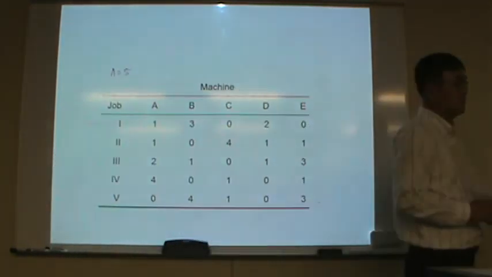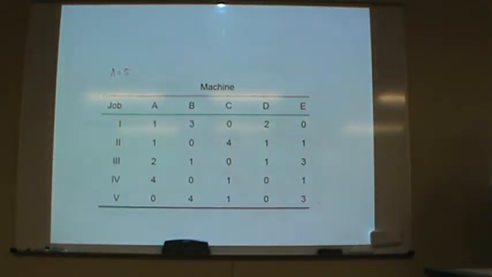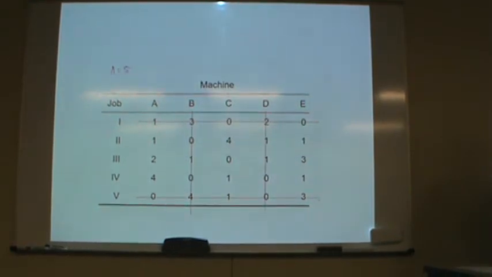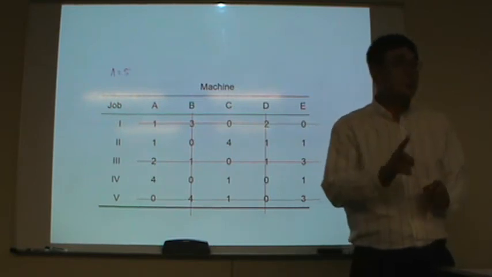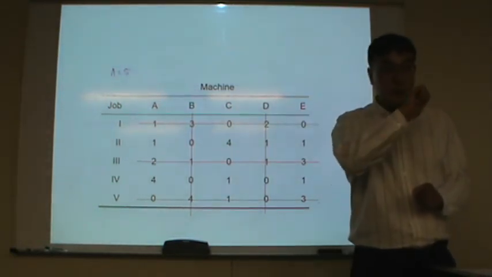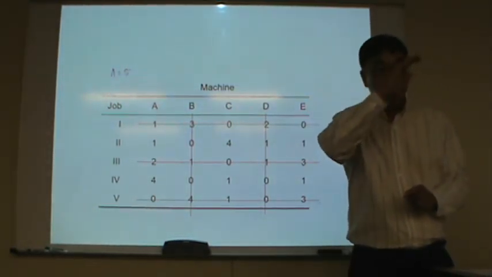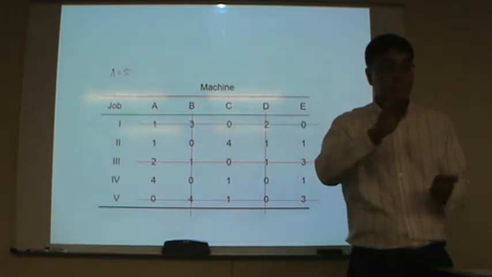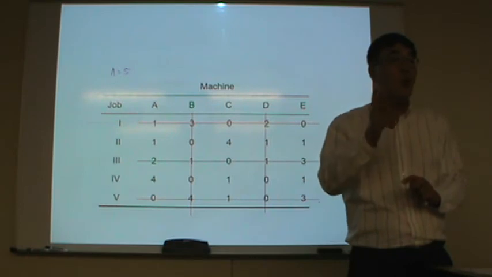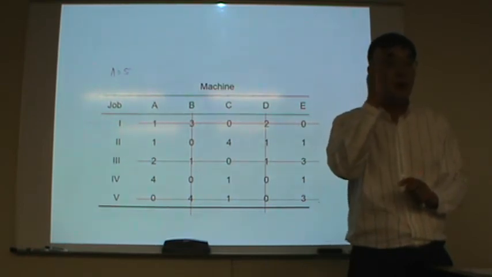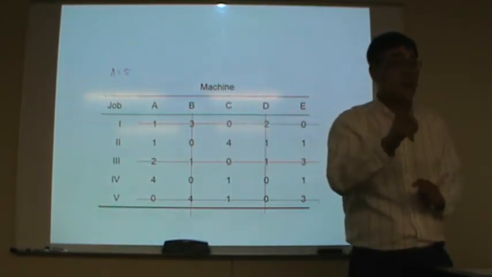It's not time efficient. The key is, when you cover 0s, horizontal or vertical, it doesn't matter which one first. If there are 2 or more 0s, cover that column or row first.